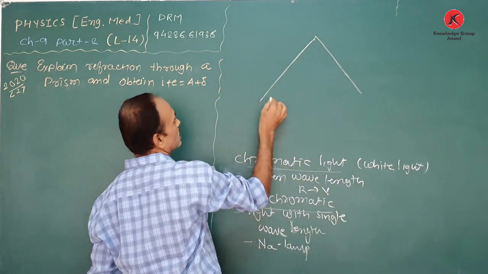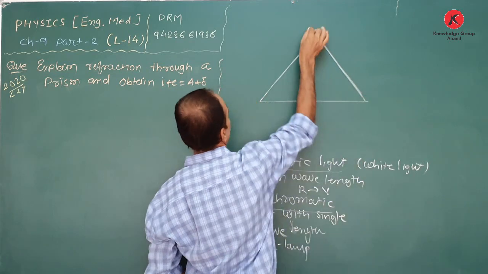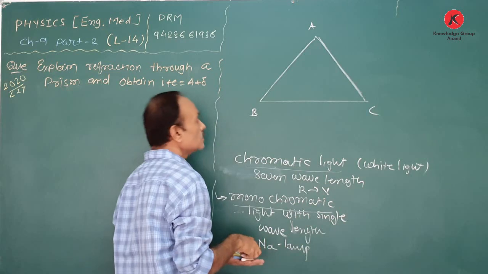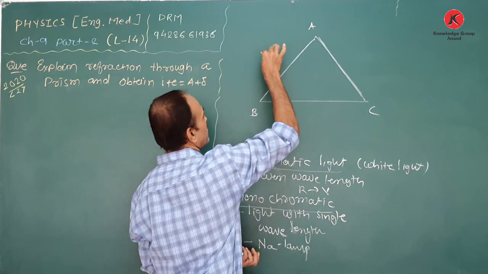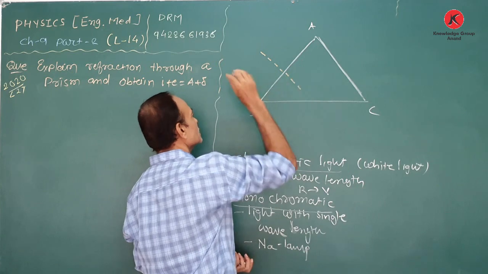Here, ABC is the prism. Now, there is a perpendicular drawn at point Q on surface AB.